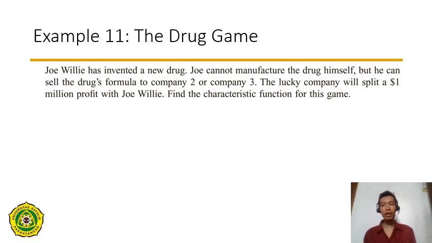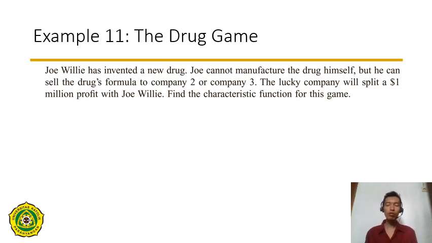The lucky company will split a $1 million profit with Joe Willie. The company does not have the formula, so it can manufacture the drug, but it does not have the formula. Joe Willie has the formula, but does not have the ability to manufacture the drug.